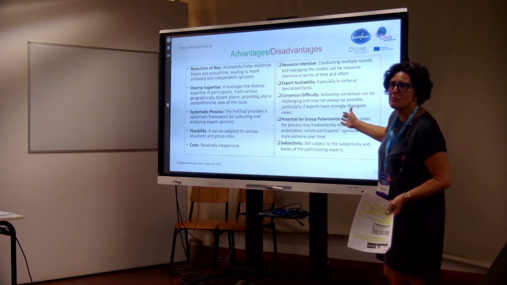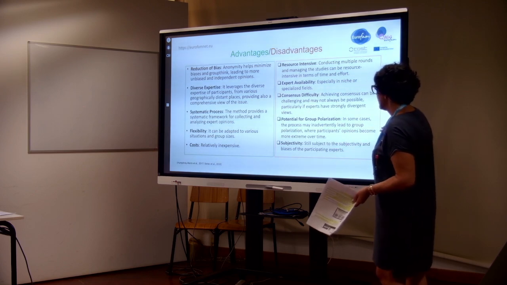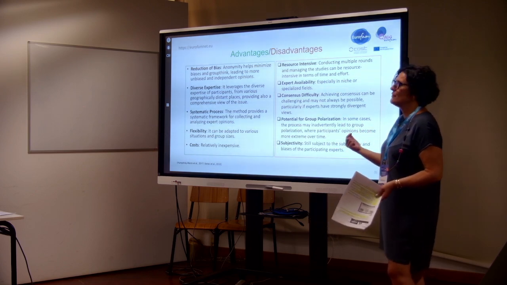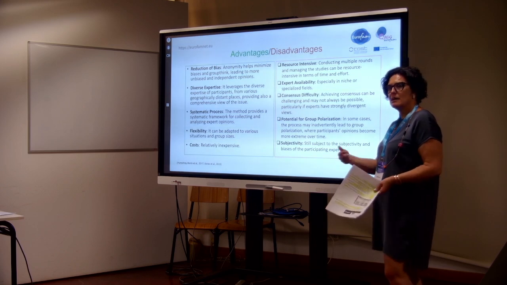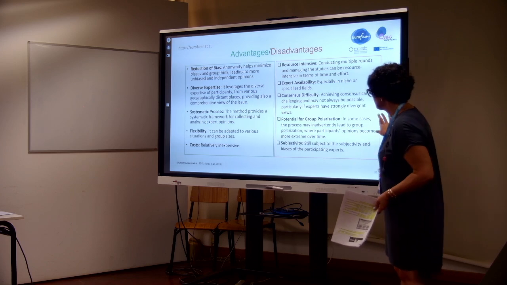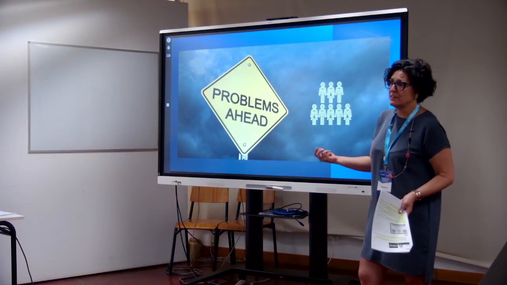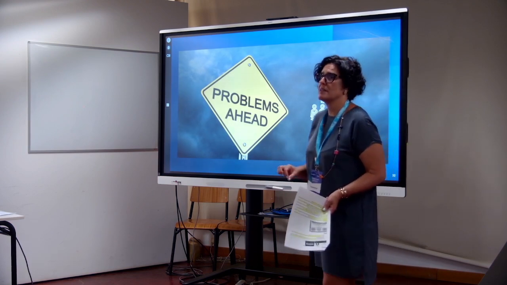Somehow, some themes are easier to get consensus on than others, and that also has to be conceived initially. So what do we want, a Delphi with several rounds or just 3 or 4 rounds? Some of these disadvantages are problems that can be identified in this type of method.